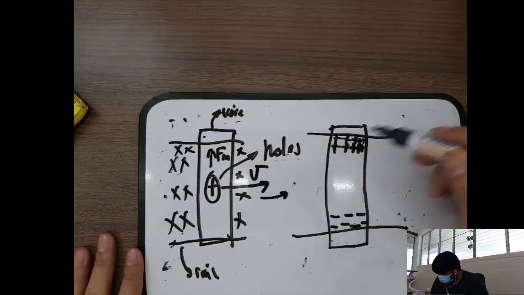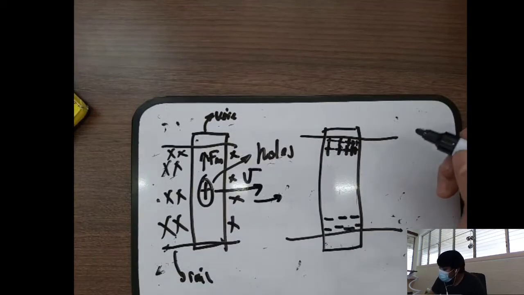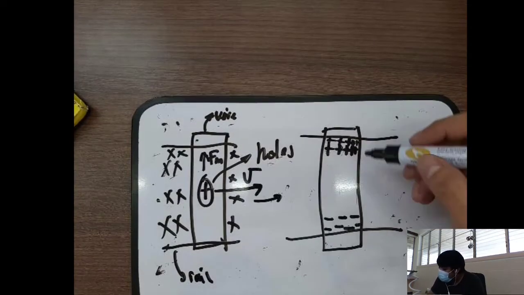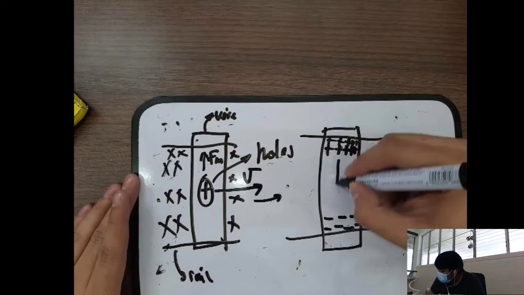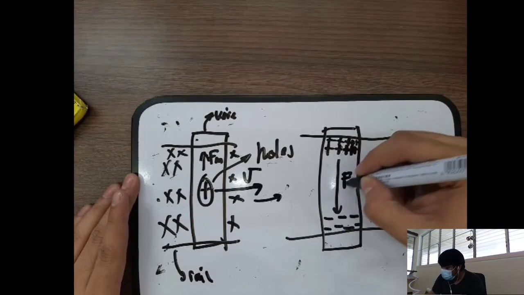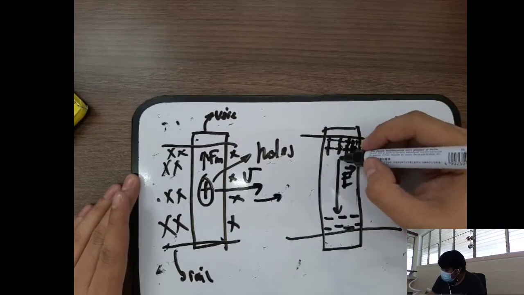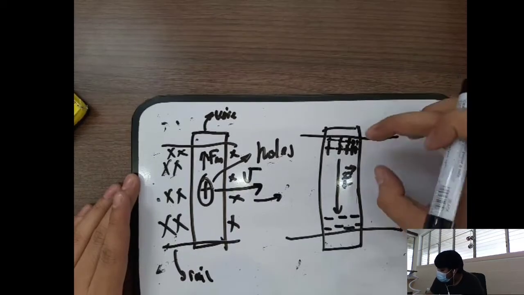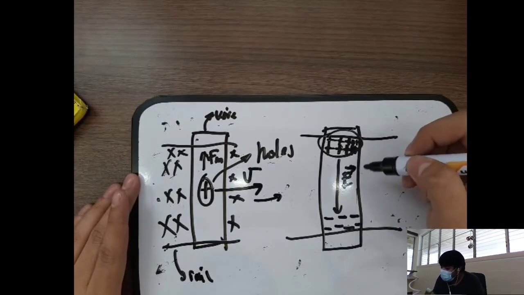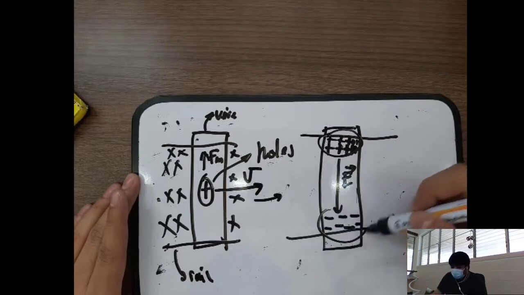Now, since there is already a separation of charges here, that means there will be an electric field present in the gap between this reservoir of positive charges, or holes, and this reservoir of electrons.